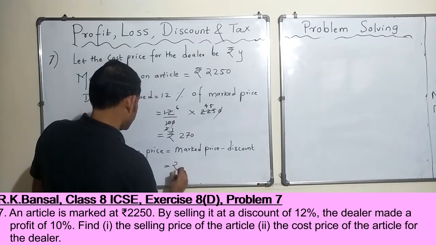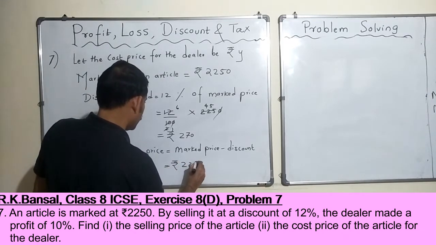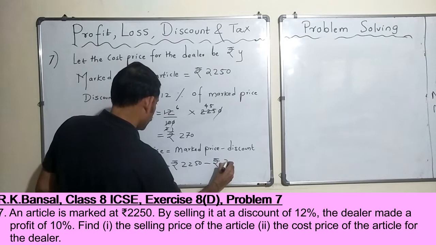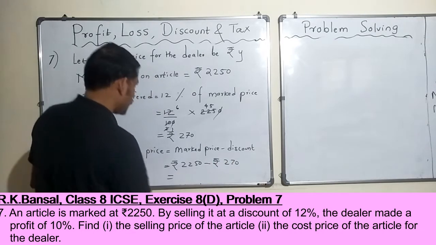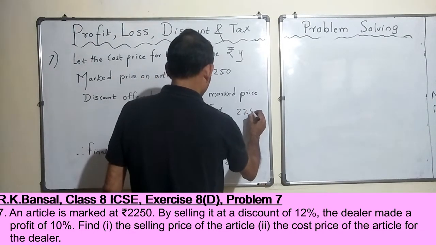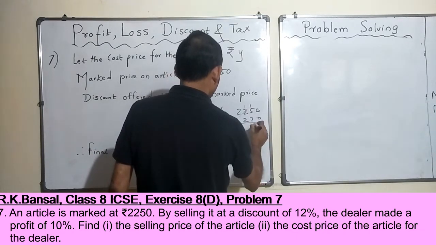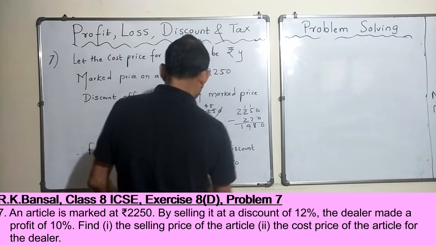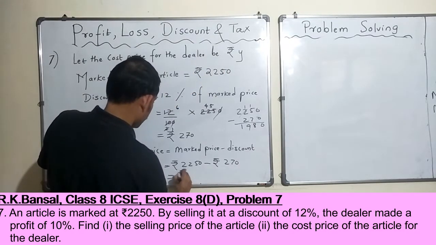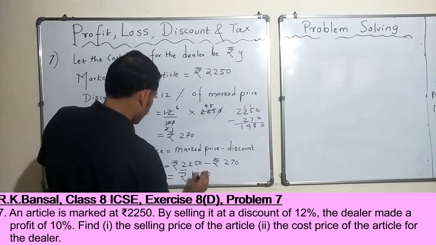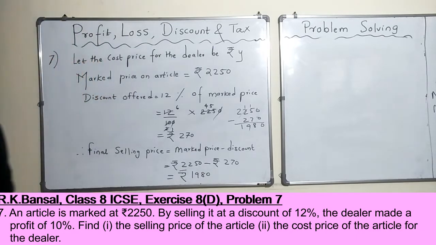So rupees 2250 minus rupees 270. So how much that comes to? Let me calculate. 2700 minus 270, is it rupees 1980? Okay, so that is the final selling price.